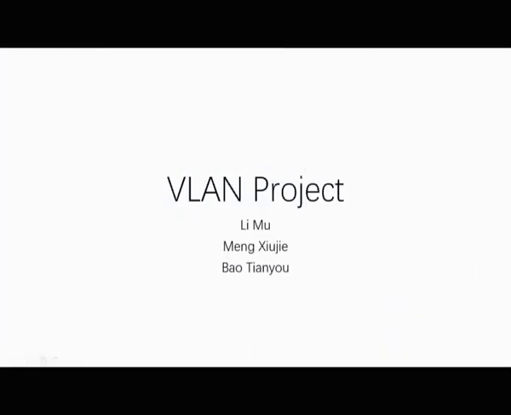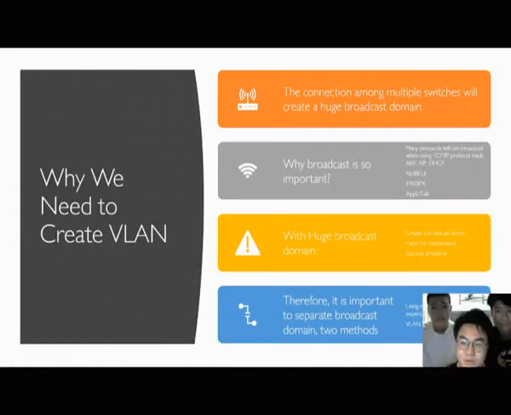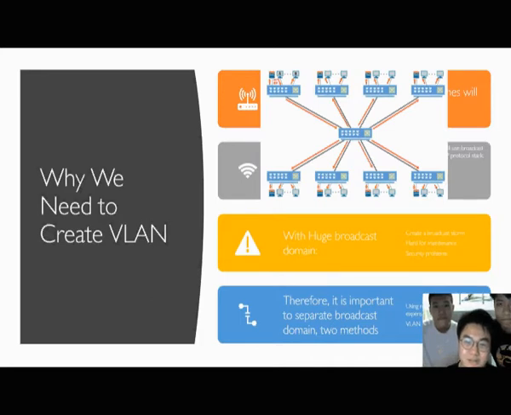The next one introduces the VLAN project by Li Mu, Meng Xiujie, and Bao Youtian. Let's see what their project is. Many protocols use broadcast in the TCP/IP protocol stack, like ARP, RIP, DHCP, and the following three. But a huge broadcast domain also has many disadvantages, as shown in the picture.